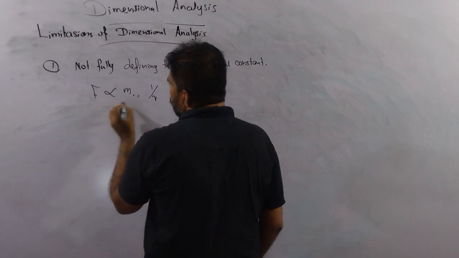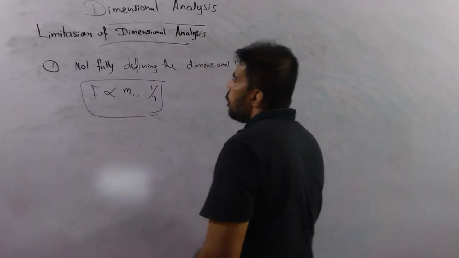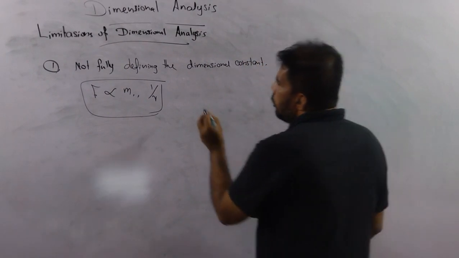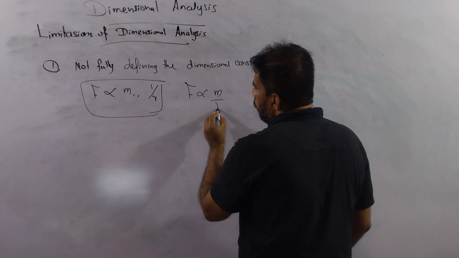Let's say we generate this sort of relationship initially, and then I can write, F is proportional to m over R.